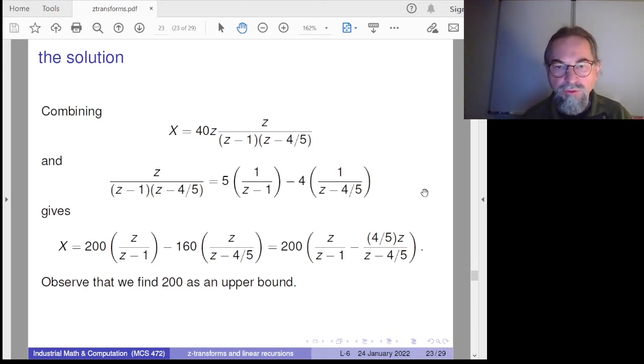So I have a component z minus 1, and I know z transforms are new, but remember the z transform of 1, 1, 1, 1, 1, 1, 1 is z over z minus 1. And I have that 200 sitting in there. So 200, I'm going to subtract something from it. And the 4/5 is also important, capturing the people that remain. So I find 200 as an upper bound.